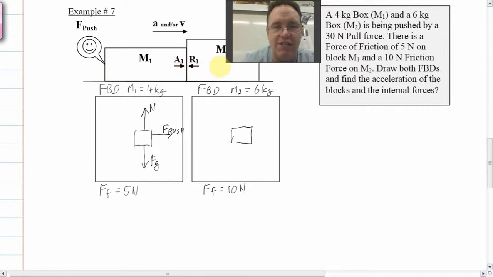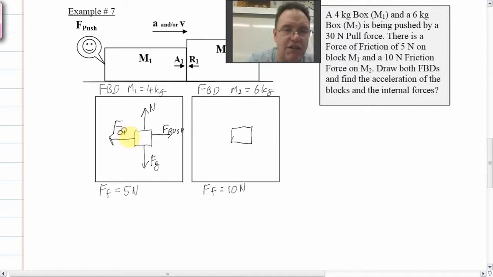And the reaction is M2 pushes back on M1. That seems like the resistance force to stop it from being pushed, and the inertia of M2. What do we call it? I kind of like calling it action-reaction. So force, action, reaction, pushing that way.